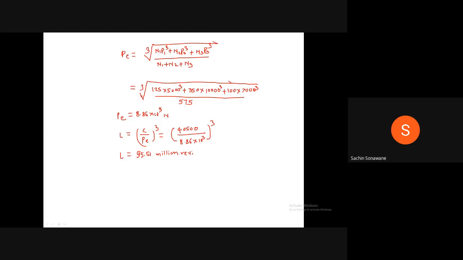Therefore, find out L10H. LH is equal to L into 10 raised to 6 divided by 60 into N. This is L10H, which is equal to 95.51 into 10 raised to 6, for 1 minute, divided by 60 into N, N means 575.